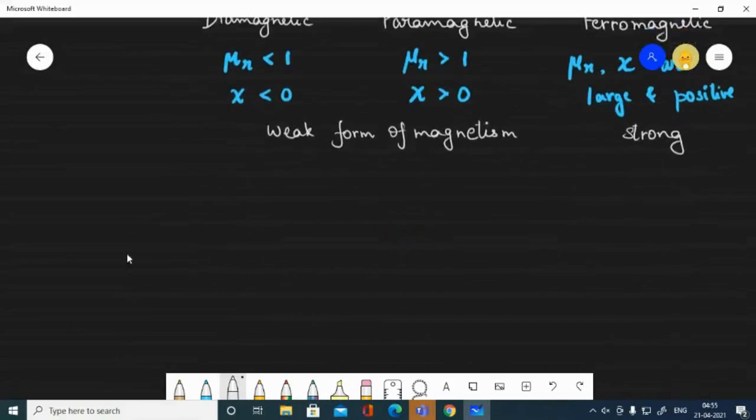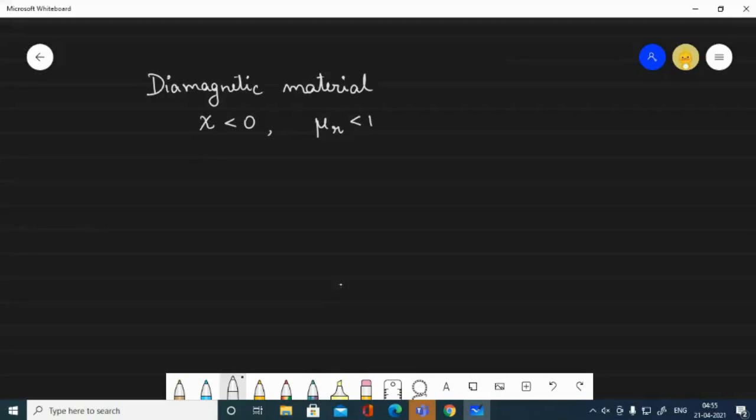Let us now analyze the various characteristics of diamagnetic material. As we have seen, in diamagnetic material chi has a small negative value, whereas mu r is less than 1.